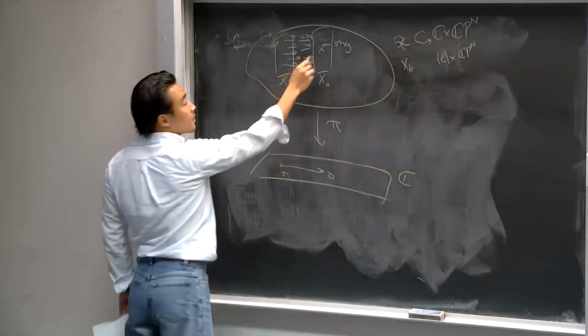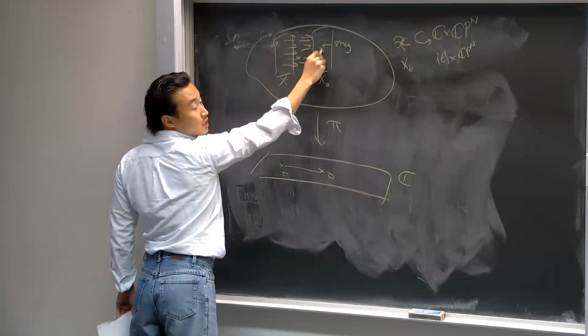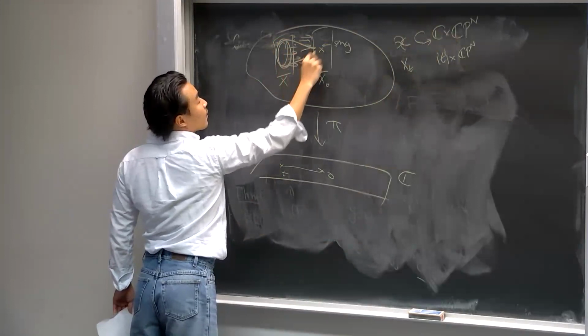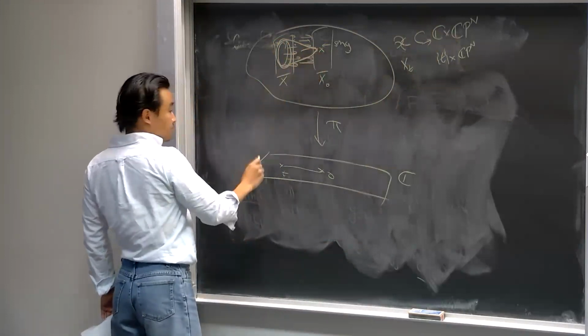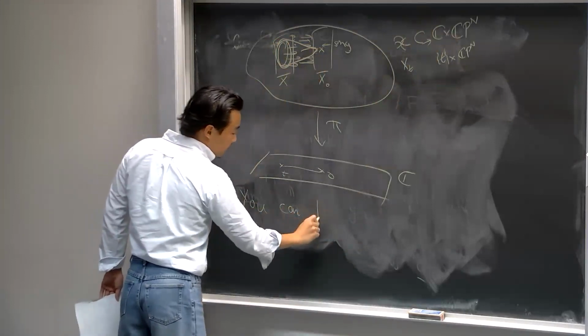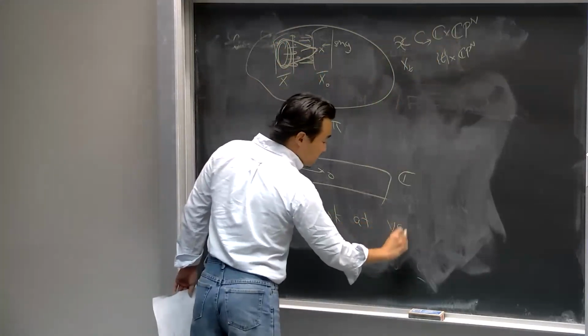So that is the set inside X that gets crushed into this singularity. So you can look at vanishing cycles.